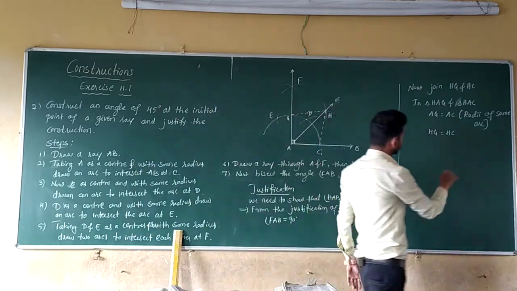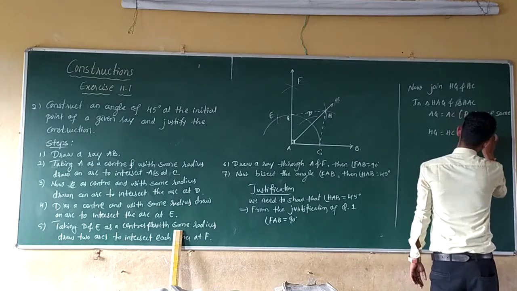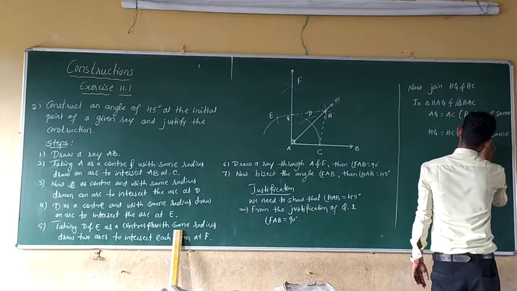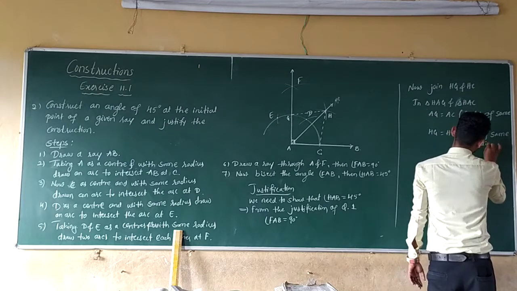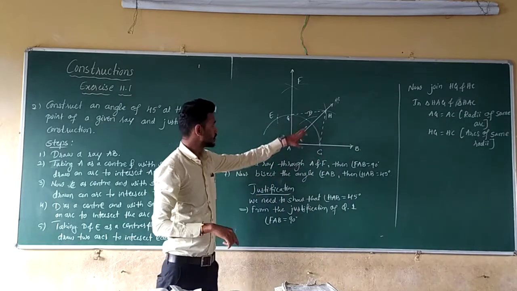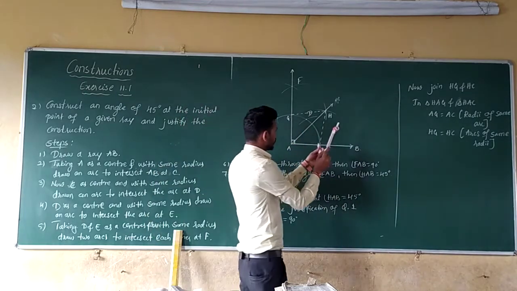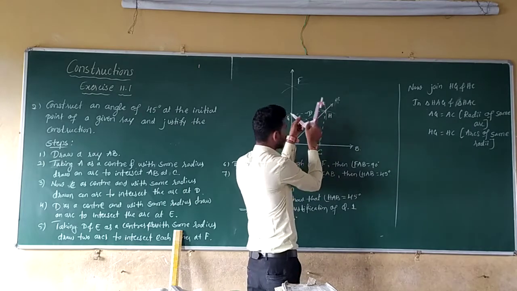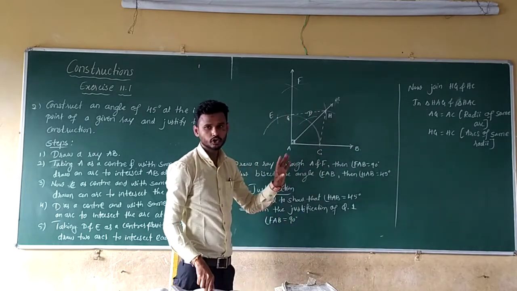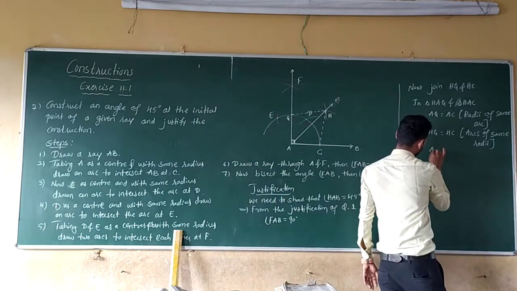Or you can write arcs of the same radii, meaning we have drawn these two arcs with the same radii. That means both should be equal. And next, AH is equal to AH, common.